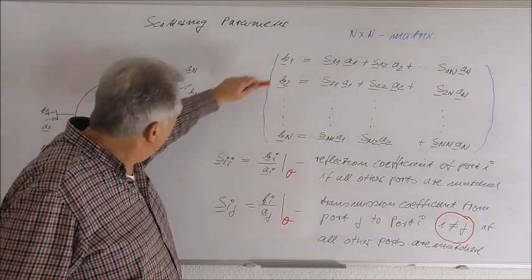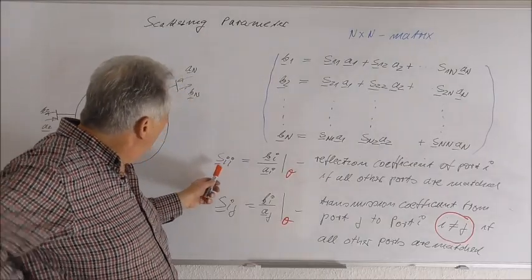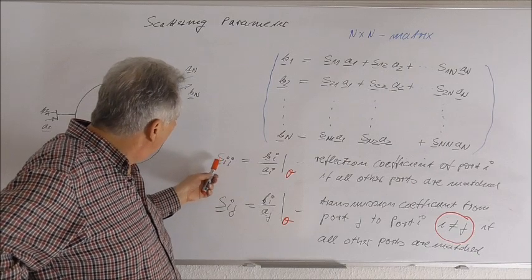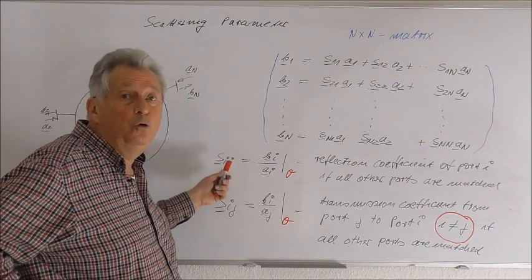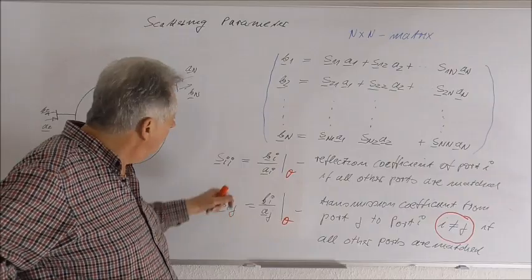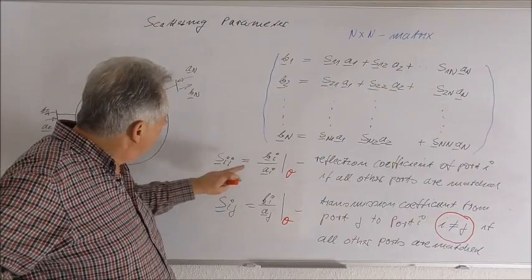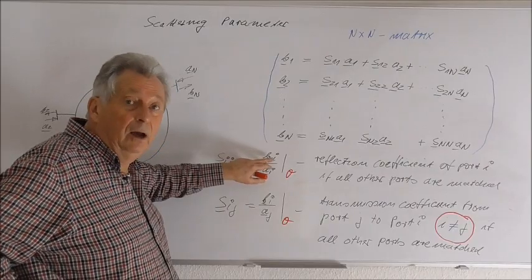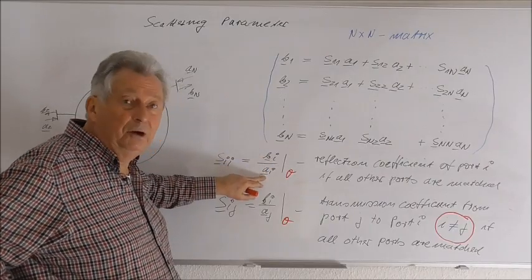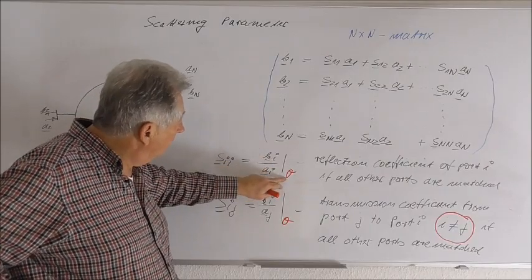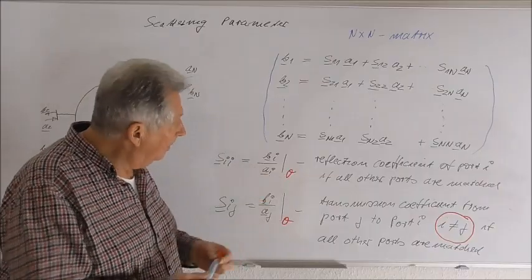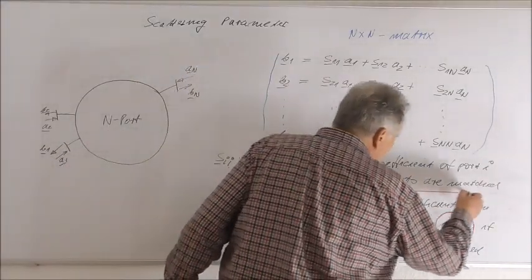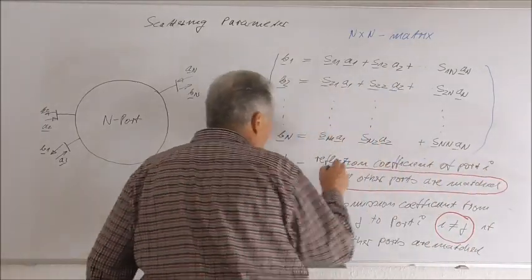So we have these elements here where the indices are identical, so S11, S22, S33 and so on. So this element is given by the ratio of the reflected wave at the same port to the incident wave on the same port, but we must assure that all other ports must be matched. So again here we must match all other ports.